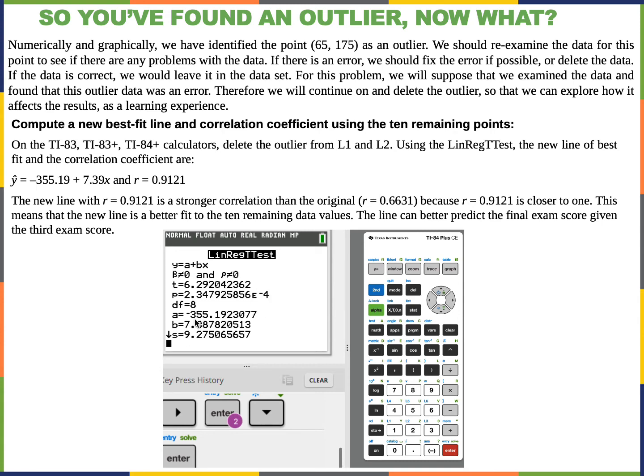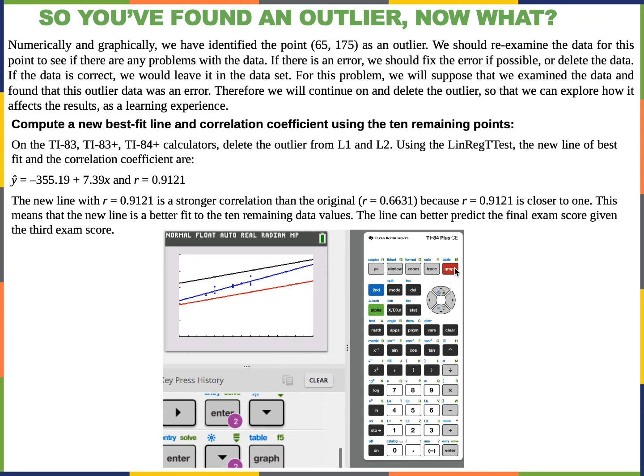Now I'm going to calculate everything anew with the linear regression t-test, and then enter. Same settings, except remember, you do want to put it into Y1. So just y vars function, enter, and then calculate, and we will see what we get.